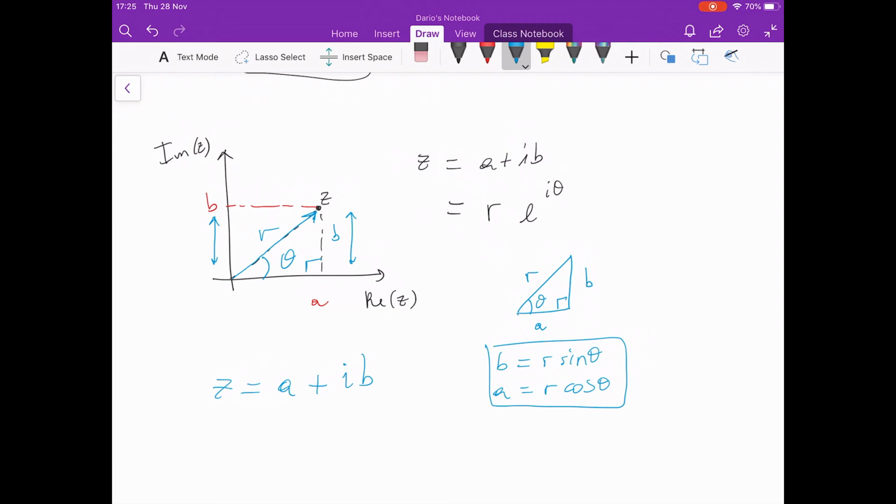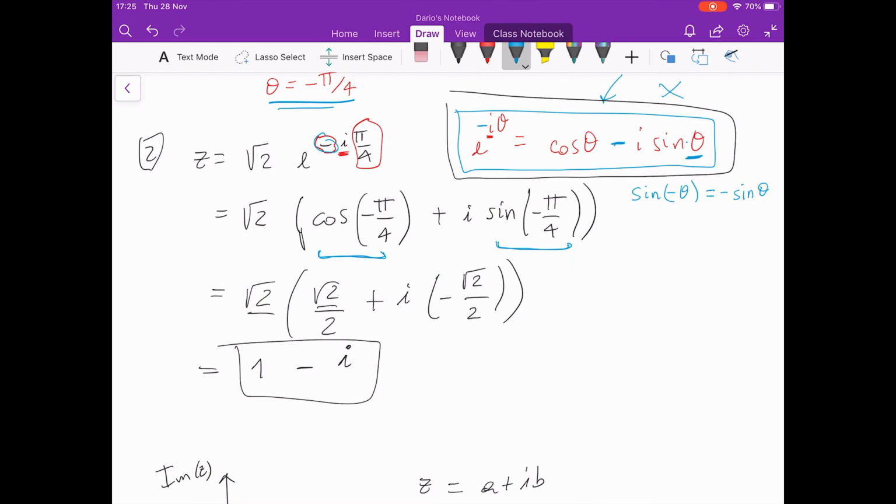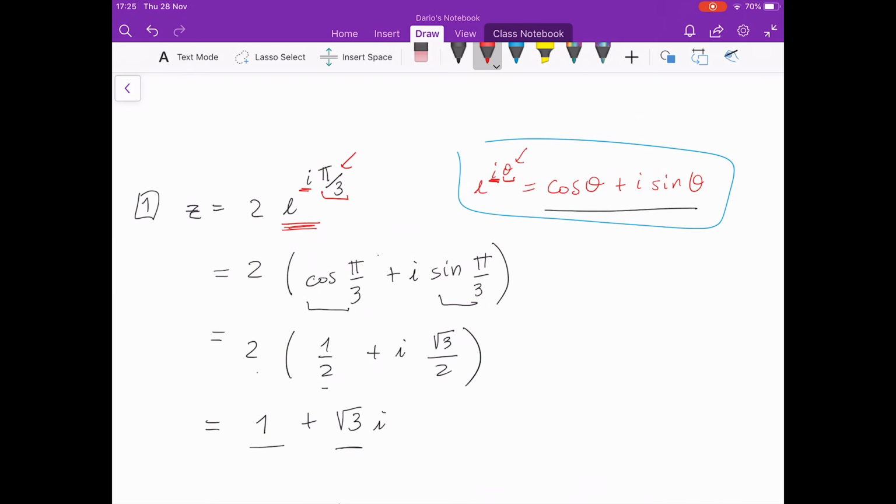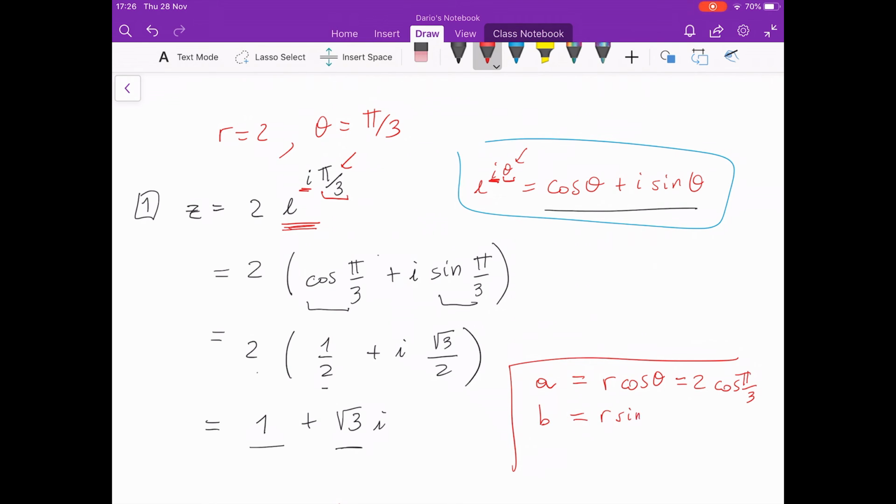So let's apply these two formulas that I've just derived to our previous exercises. So if we did this in the first problem, what we would find is that we have to identify r, which is 2, theta is equal to pi over 3. Well, and a, I'm going to write them down here, would be equal to r cosine of theta, but that's equal to 2 cosine of pi over 3, and b is equal to r sine of theta, and that's equal to 2 sine of pi over 3.